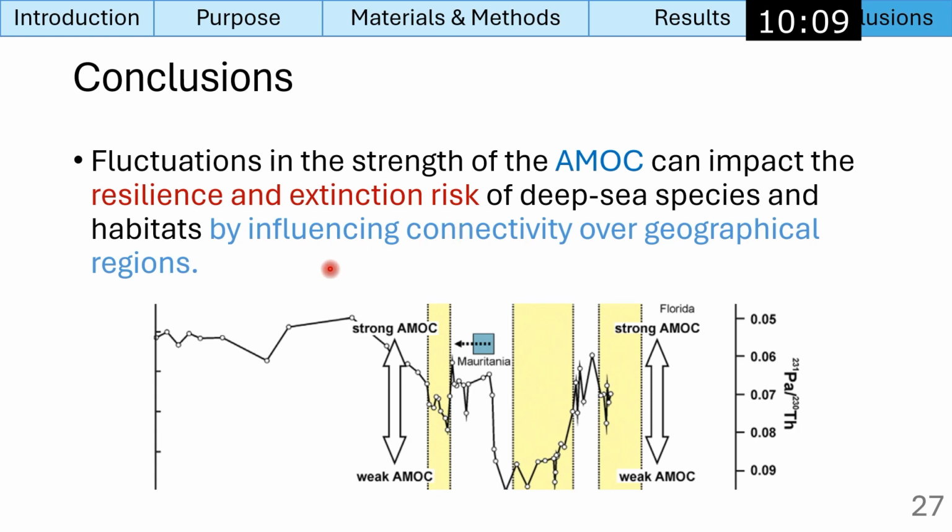So, coming to the conclusion: the fluctuation in the strength of AMOC could actually impact the resilience and extinction risk of deep sea species and habitats by influencing the connectivity of different regions.